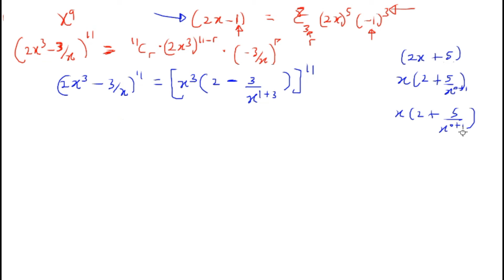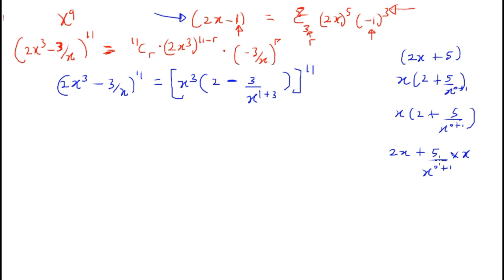So the 1 right here is the power of the x that is outside. Alright, so let me just explain. If you expand this, you will have x multiplied by 2, that's 2x, plus x multiplied by something of this nature, multiplied by x, right?